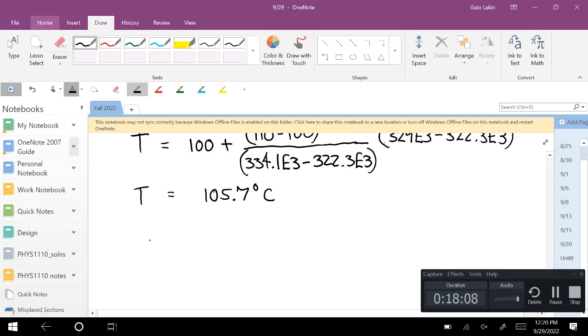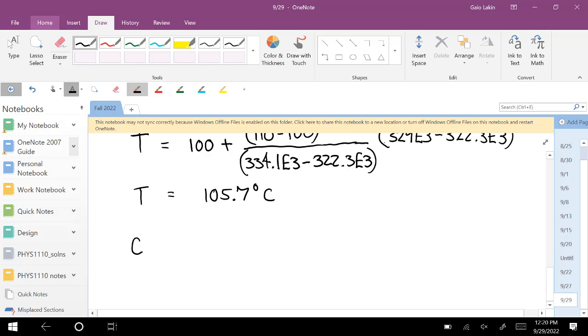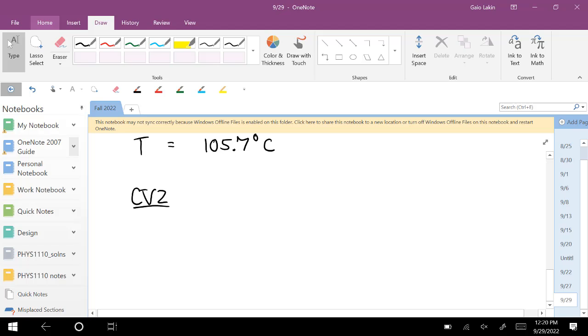Okay, so this is control volume number 2. And we're starting with problem number 2. We're given the mass flow rate is 40 kilograms per second.